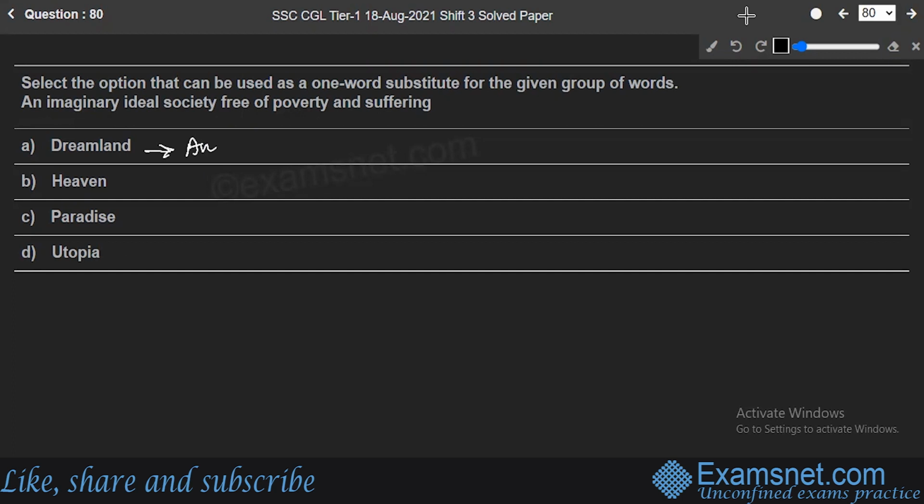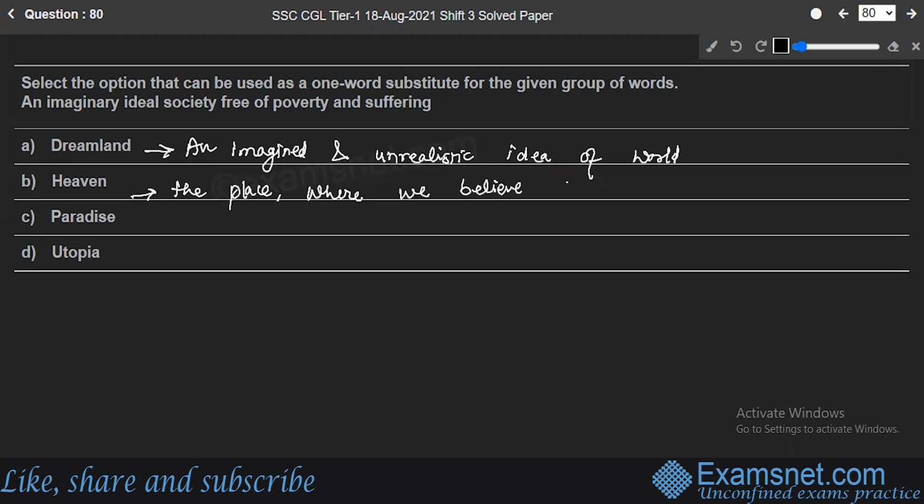Dreamland, it's an imagined, an unrealistic idea of world. Heaven means the place where we believe God to exist, where we believe God lives, or place where people go after death.